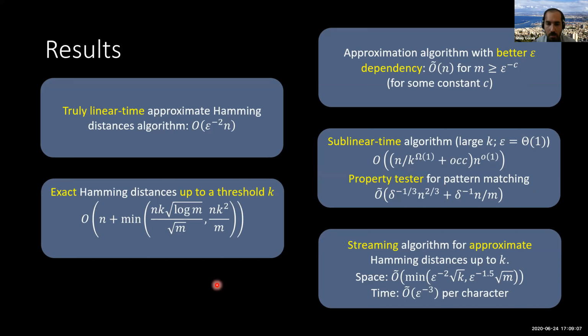I see, good. You said you don't use FFT. In some of the results here you need FFT, but in the main result about approximating the Hamming distance, you don't need FFT. This is an advantage because FFT is only theoretically fast, the constant is bad. So do you have better constants, or is it just simplicity? Not necessarily.